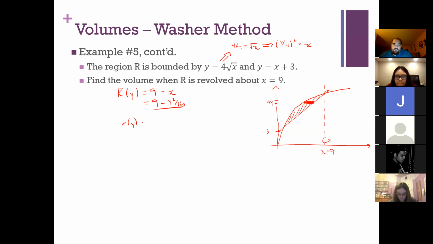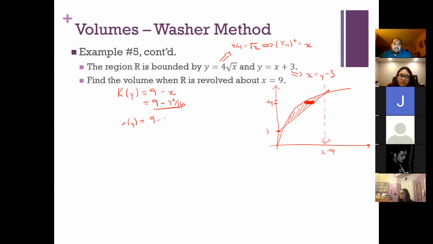It'd be 6 minus y. 6 minus y. How'd you get that? From changing the x plus 3 equation to y, it'd be y minus 3. And I just subtracted the 9 and 3 together to get the 6. So let's do that a little more slowly.